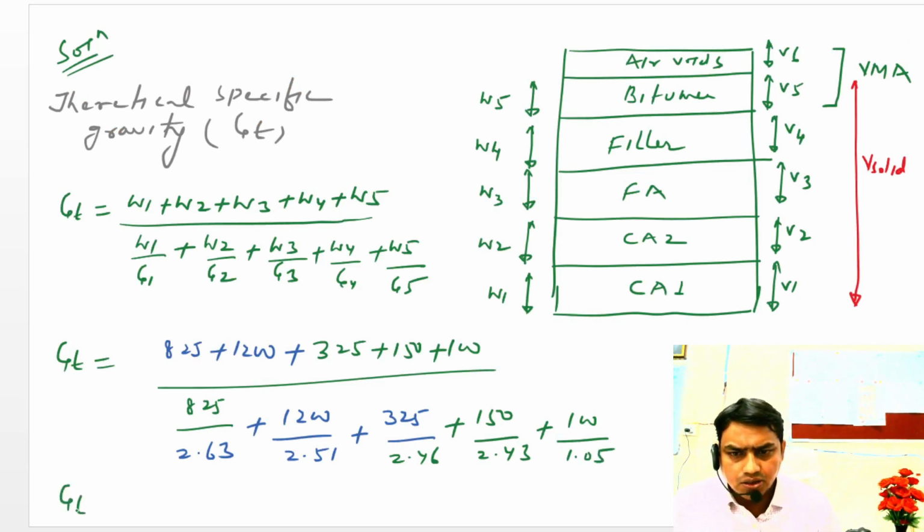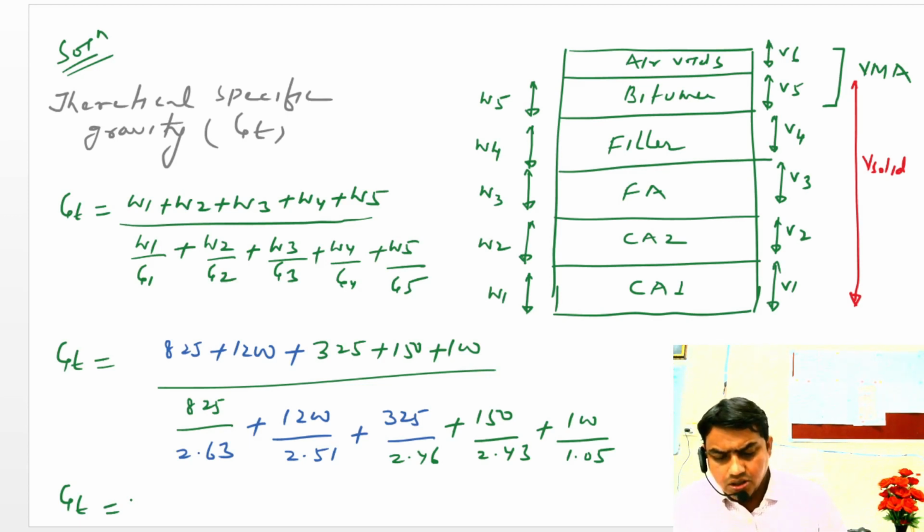So if I compute the theoretical specific gravity, it will be 825 plus 1200 plus 325 plus 150 plus 100 divided by 825 divided by 2.63 plus 1200 divided by 2.51 plus 325 divided by 2.46 plus 150 divided by 2.43 plus 100 divided by 1.05.